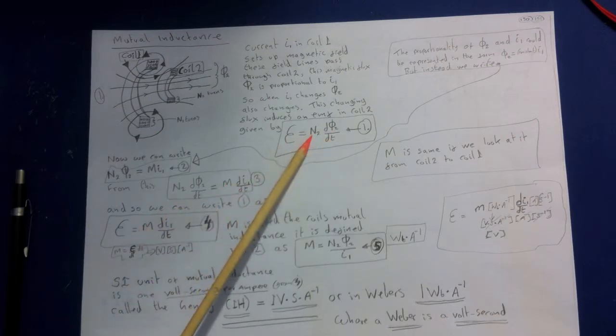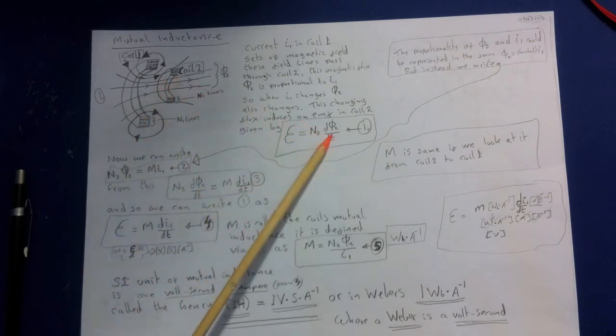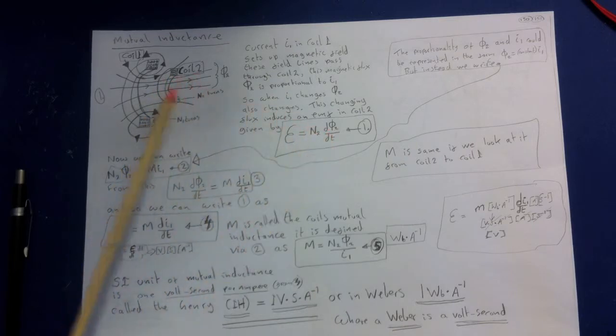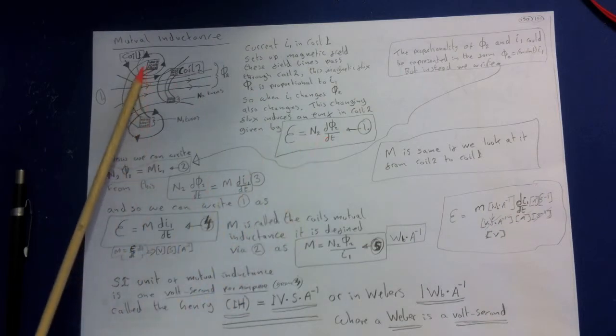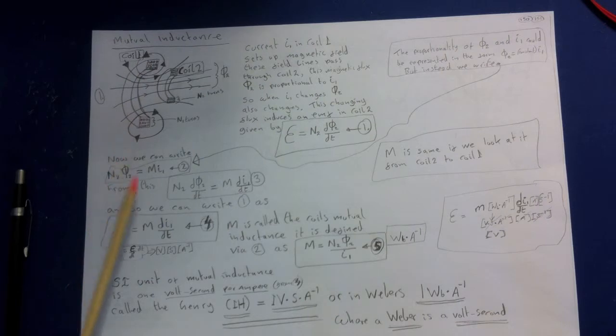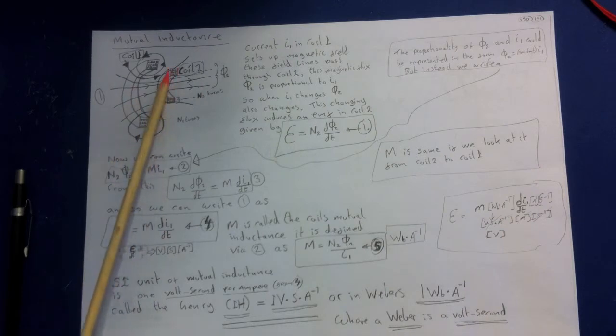So now we don't need to write it as being proportional to the number of turns in coil 2 and the flux 2 changing. We can completely rewrite this in terms of the current I1 going through the loops here: the EMF is equal to this new constant we've introduced, times di1/dt. So the rate that the current in coil 1 is changing determines the EMF in coil 2.